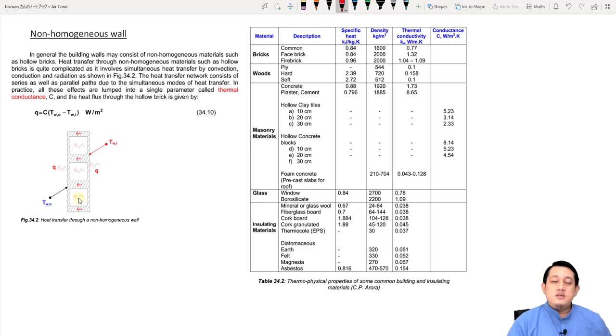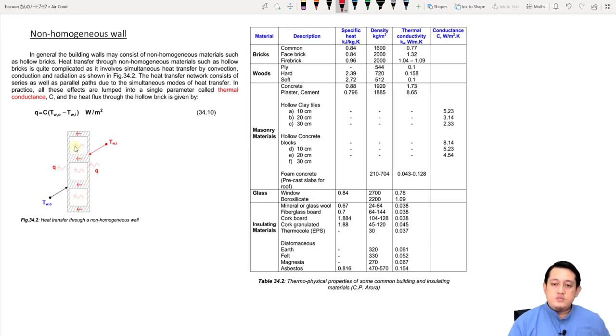Same like the window of the plane also. On an aeroplane, if you look carefully, they have two windows. Window, space, and also window.